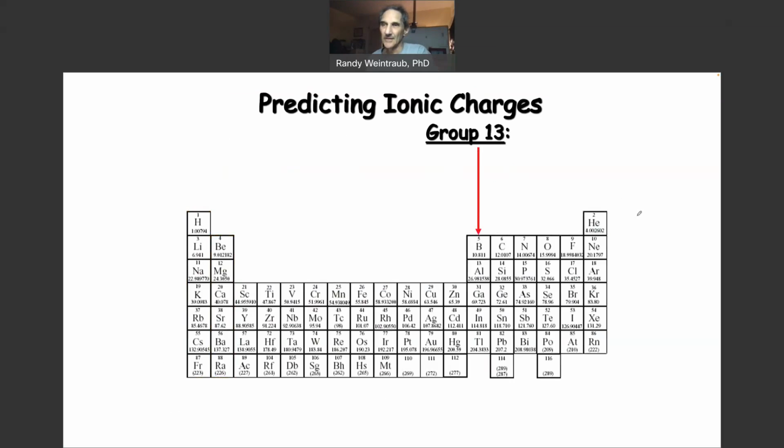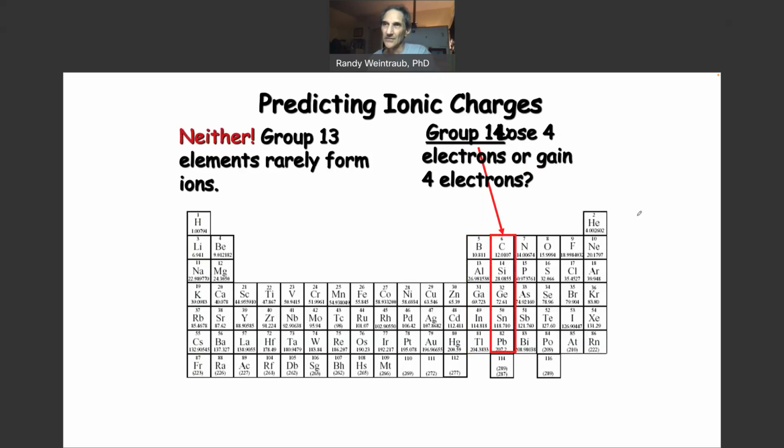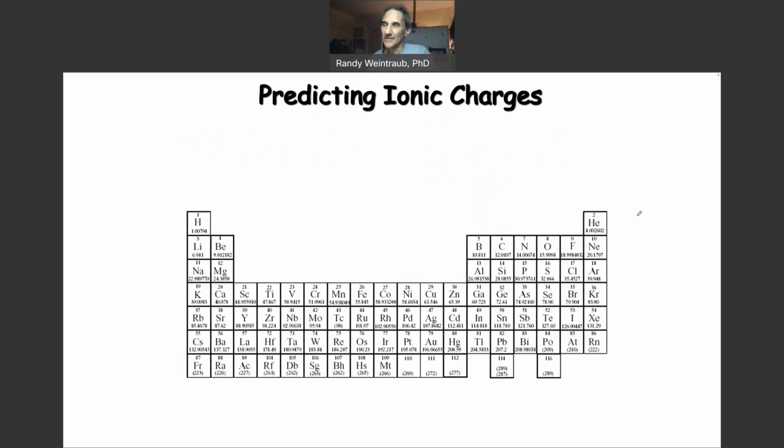Group 3, also 13, but this is 3A, will lose 3 electrons. Group 14 or 4A does not lose electrons, but they don't gain them really, but they'll start sharing electrons.